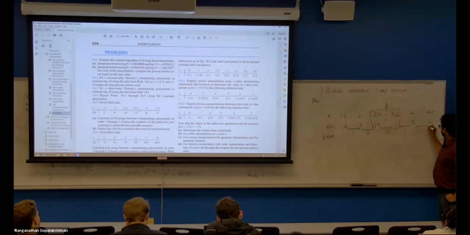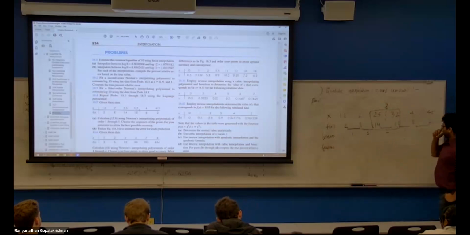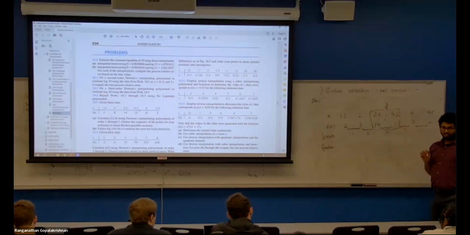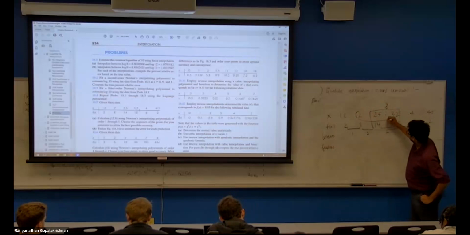One choice. When I do quadratic interpolation, if I want to pick 2.8, how many choices of stencil are there? For 2.8, this is a valid choice, and so is this.